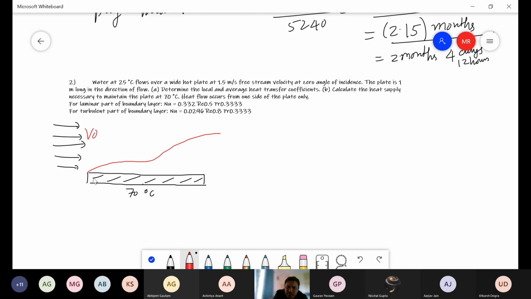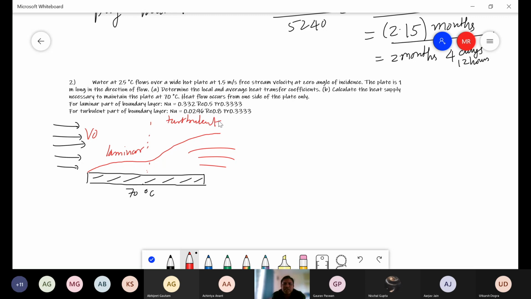So this is the free stream velocity. Up to this point the boundary layer is mostly laminar, but beyond this you start a turbulent region, isn't it? Beyond this, the flow is going to be turbulent.